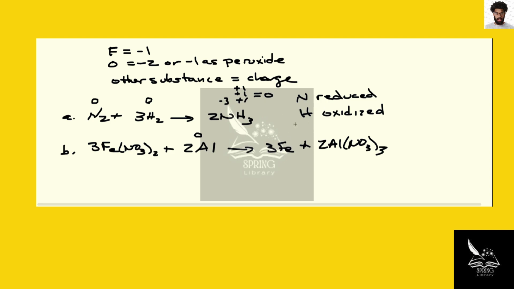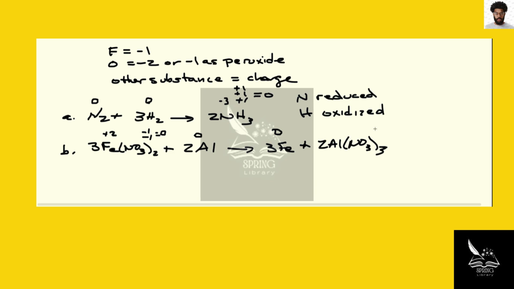So let's take a look and see what happens with the rest of it, because for the rest, they're not elements, they're compounds, right? So we just can't call everything 0. Now, nitrate has its overall charge of -1. If it has a charge of -1 and there's 2 of them, right, the nitrates have a total charge of -2. We have to equal 0, which means the iron has to be +2. 2 minus 2 is 0.